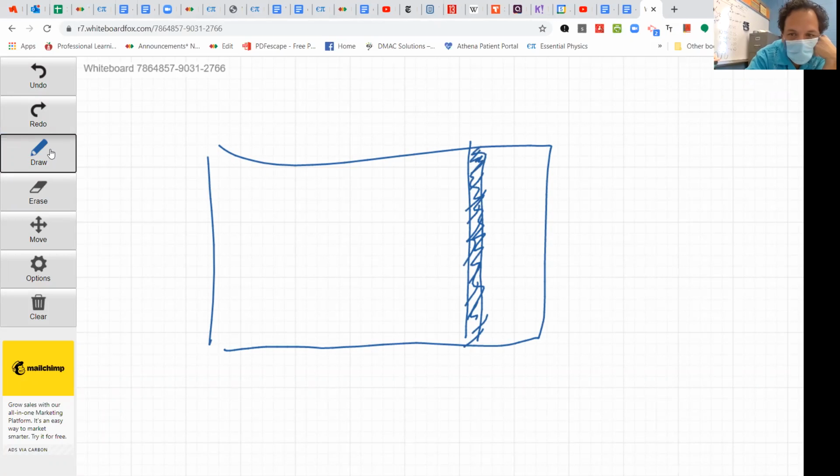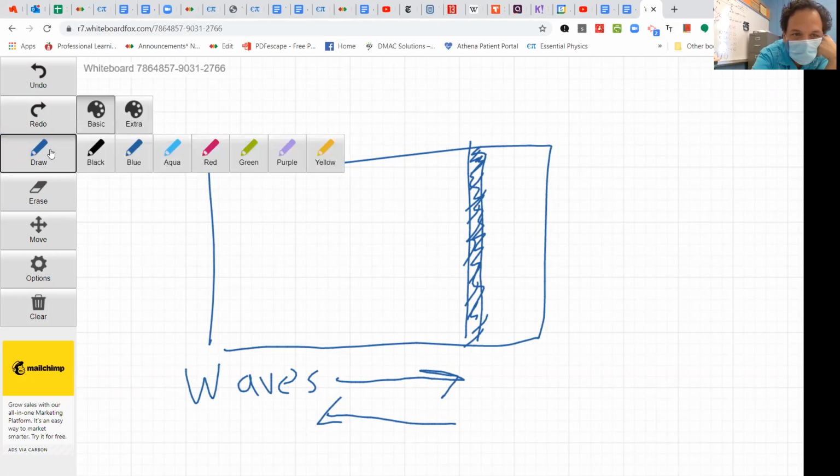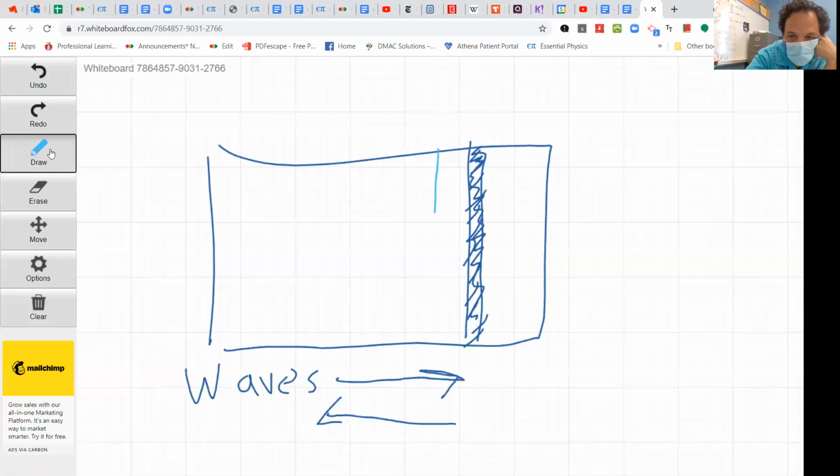Right, and then I'm going to say the waves go this way, and then they come back, right? And what did it look like? Well, we had basically stripes, right?